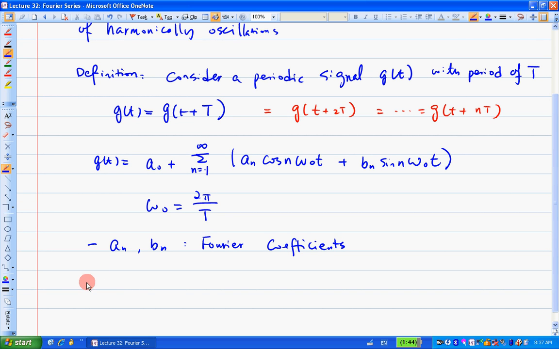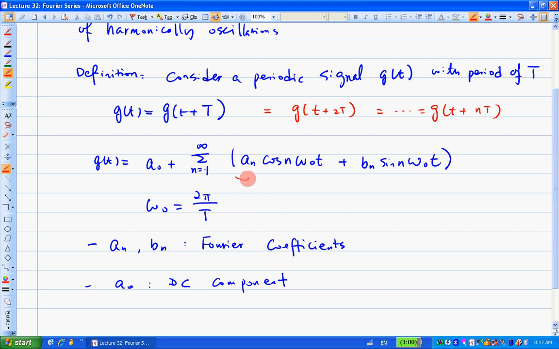Coefficient. And this a naught here, this a naught value, is the so-called DC component. And the rest of them, basically the second term, anything involving the sine and cosine, are called AC components.